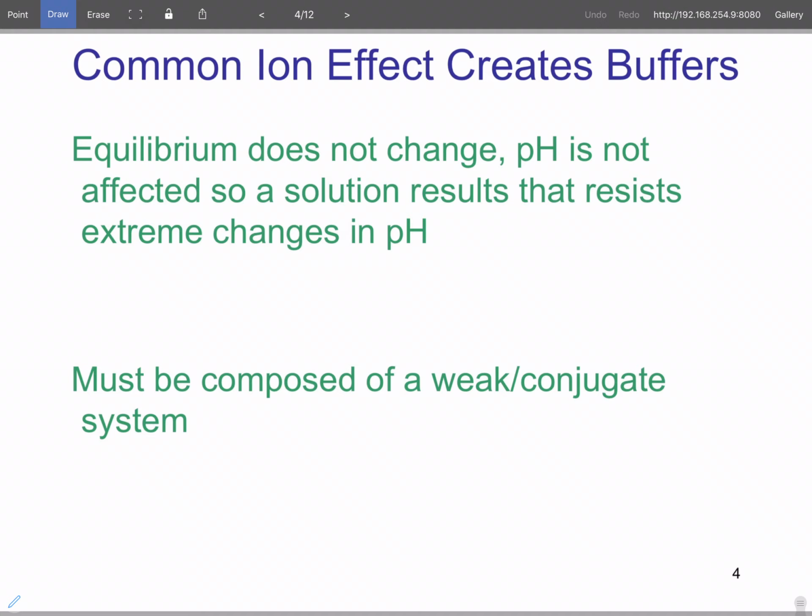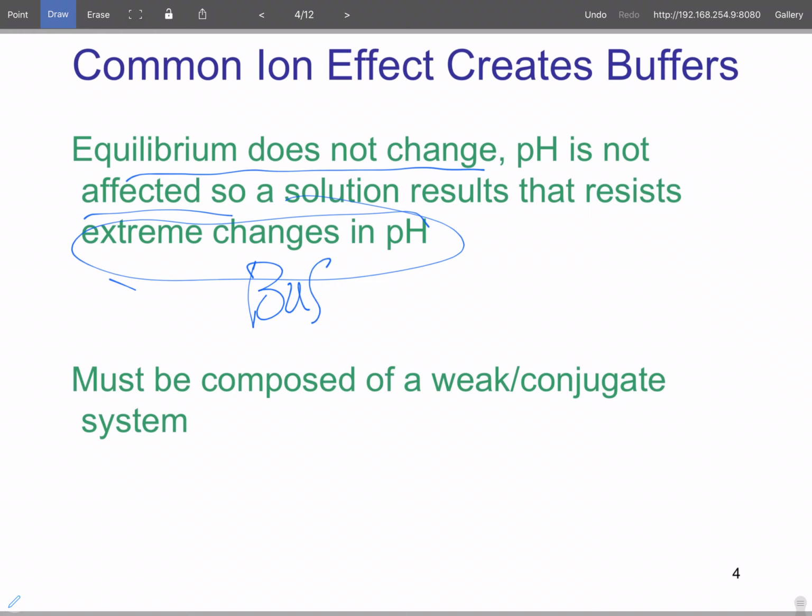So what happens is that the common ion then creates the buffer. Because the equilibrium does not change, the pH is not affected. So basically, this is what makes a buffer important. It resists extreme changes in pH. Now, this is crucial. Your body is a whole system of buffers.